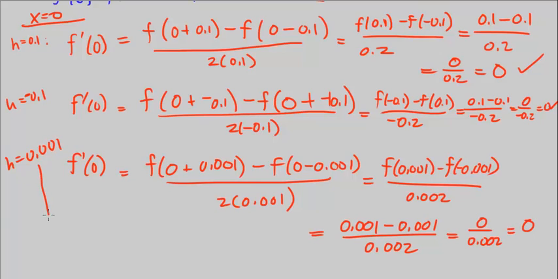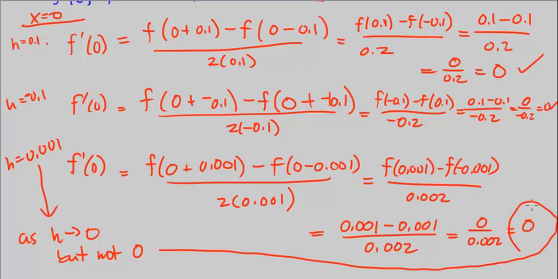As h gets infinitely smaller, as h approaches 0, this is always going to be the same thing. It's always going to be 0 in the numerator. And therefore, if we estimate it with some value of h, as h approaches 0 but is not 0, we're always going to have 0 as the output.